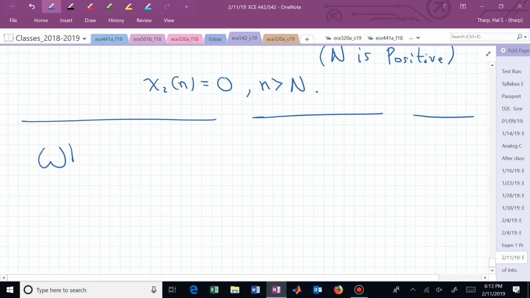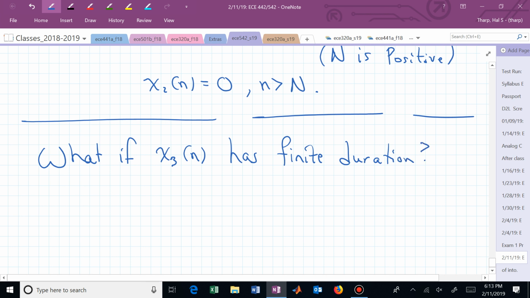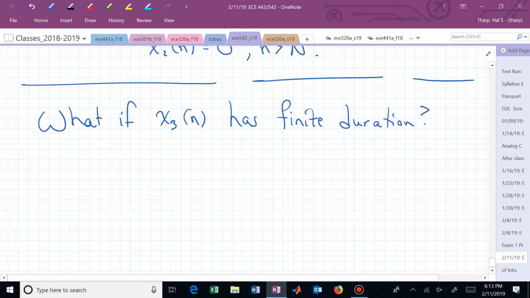What if, let's say, x sub 3 of n has finite duration, or finite interval of support? The little n, where it's defined, is finite in length.